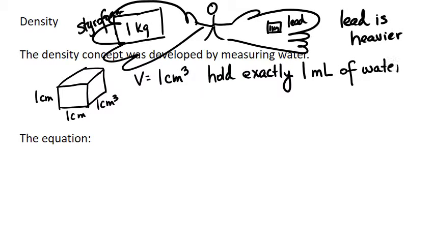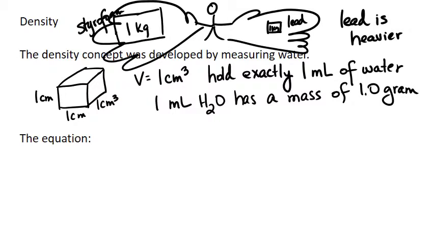And if we take the mass of that water, we'll find that 1 milliliter of water has a mass of 1 gram.